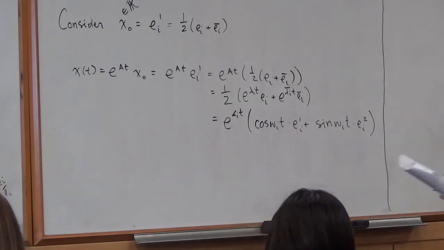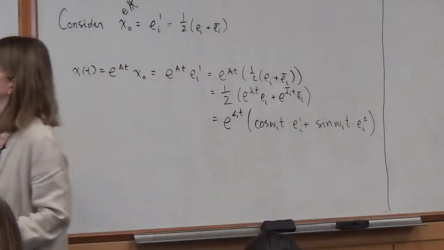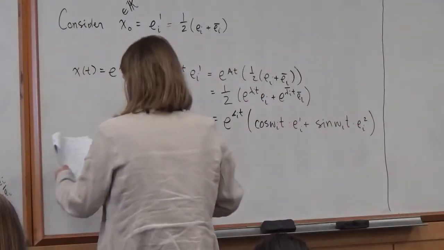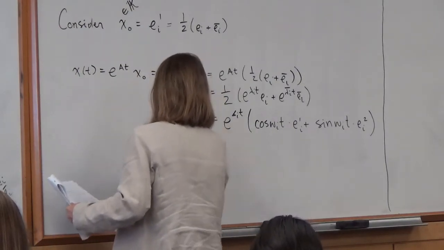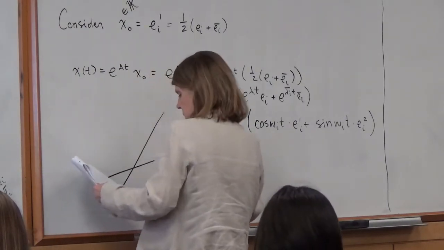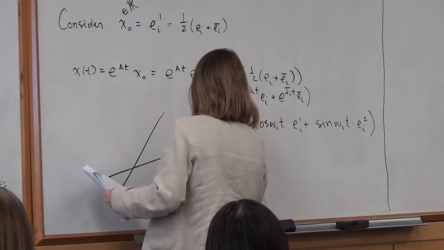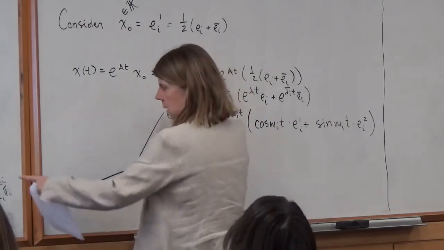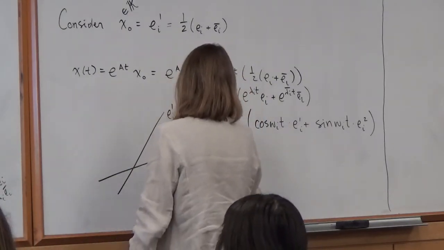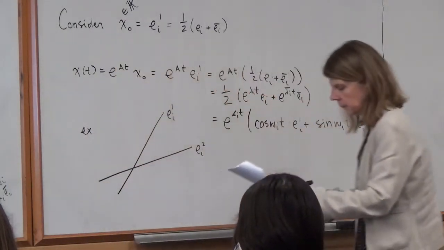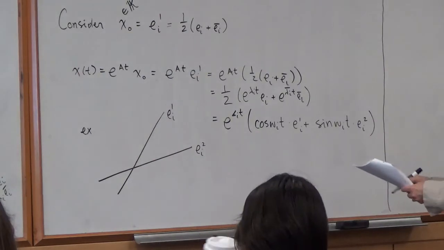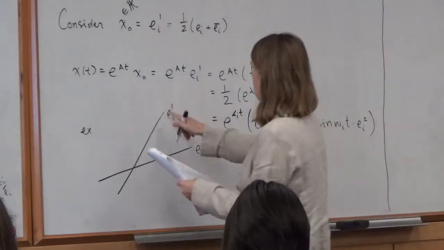So now we have the same kind of geometric interpretation that we did for the reals. I've got these two vectors, let's write them, suppose they look like this. These are two real vectors, ei1 and ei2. And where did we start? We started on ei1.